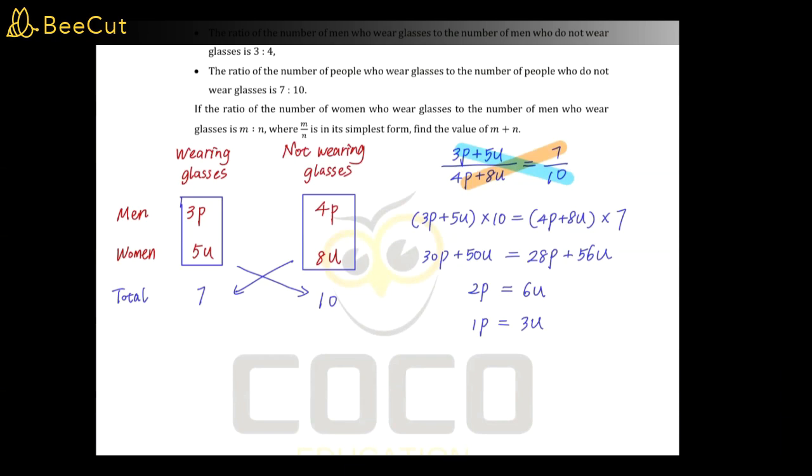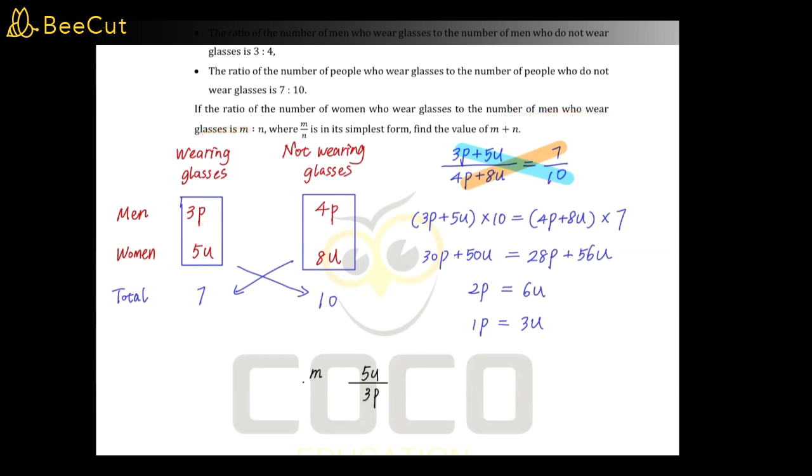Now comparing M to N. So the number of women who wear glasses, this is 5U, to the number of men who are wearing glasses, this is 3P.